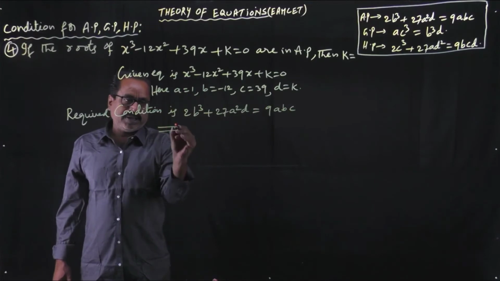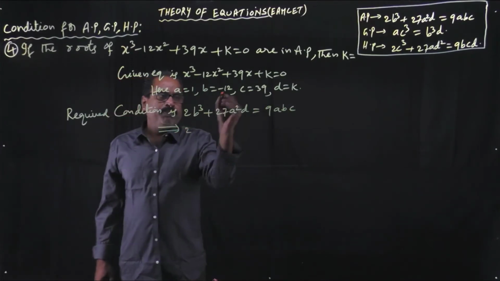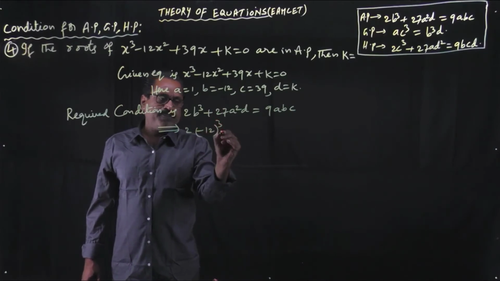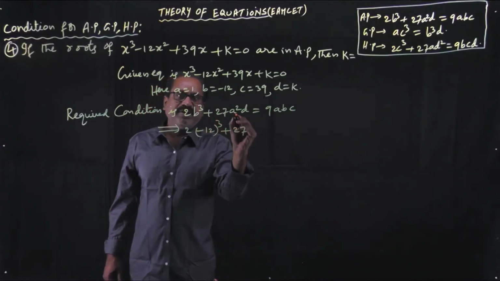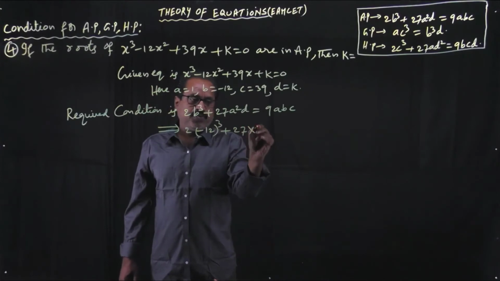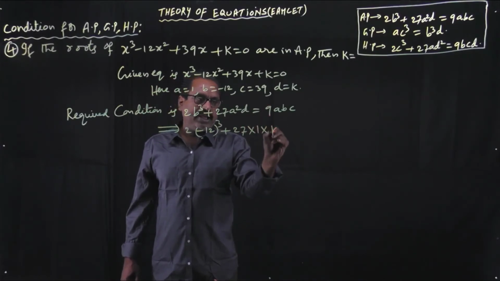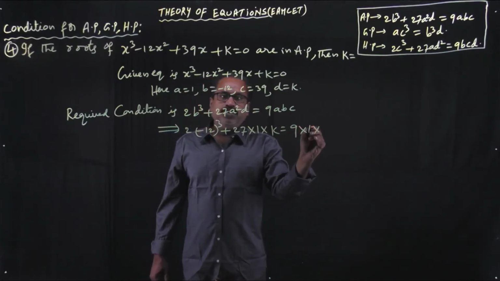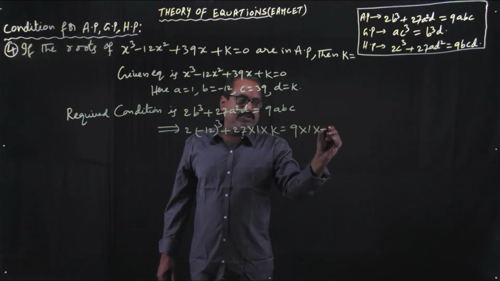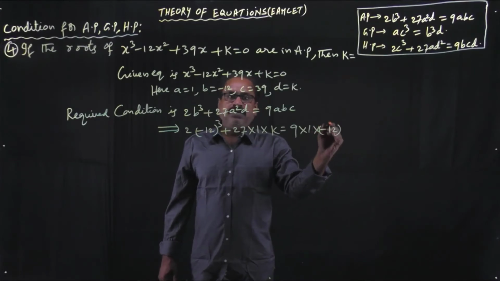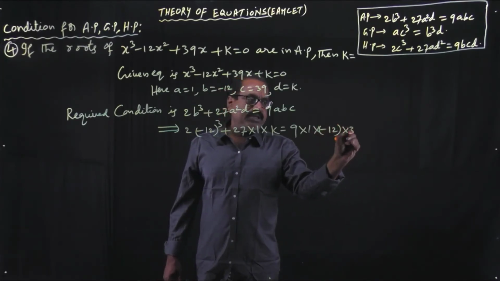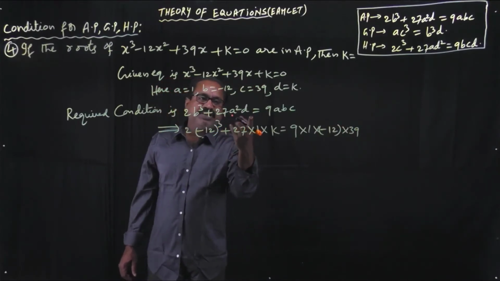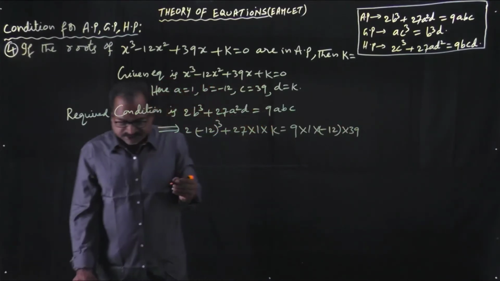So this implies 2 into minus 12 whole cube plus 27 into a square, which is 1, into d, which is k, is equal to 9 into 1 into b, minus 12, into c, 39.